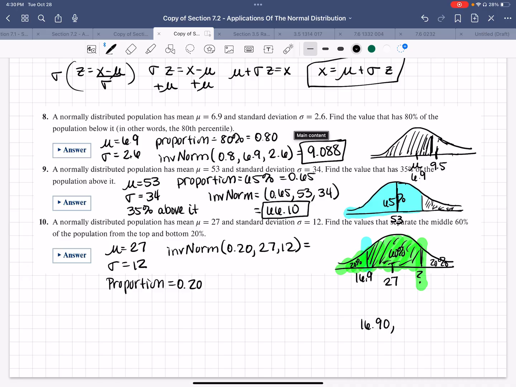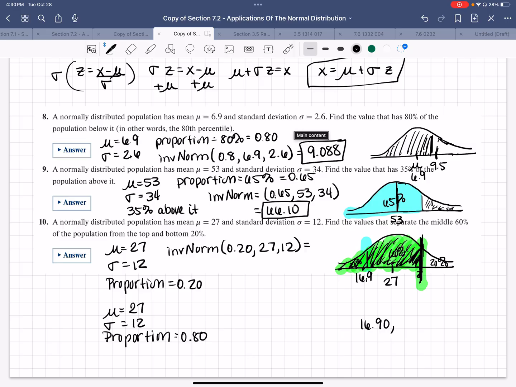So now I'm going to find the inverse norm with my mean of 27, my standard deviation of 12, and my proportion this time of 0.80 or 80%. That's this whole thing up to this magic point right here.